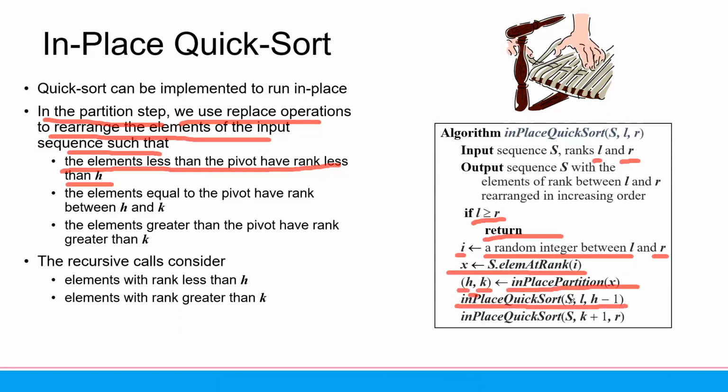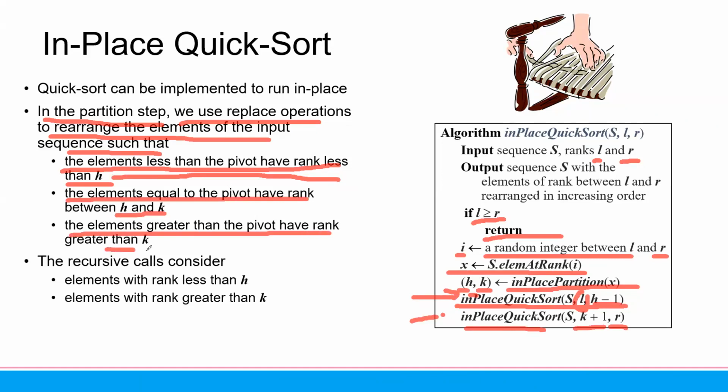The recursion is in-place quicksort on L, h minus 1, and after we finish, in-place quicksort on k plus 1, R. The idea is to make low and high ranks. Elements less than the pivot have rank less than h, elements equal to the pivot have rank between h and k, and elements greater than the pivot have rank greater than k.